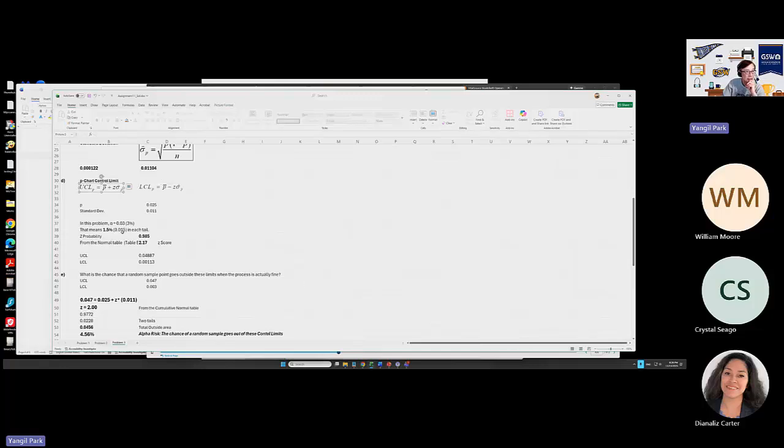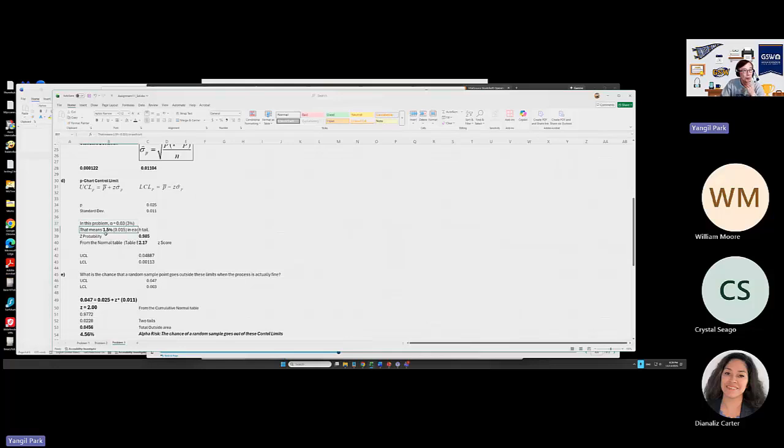But this time the scenario is again 97%, 3% of those alpha level. Alpha is 3%, meaning that those samples might fall into those 3% only. And then we'll try to find out the upper limit and lower limit.